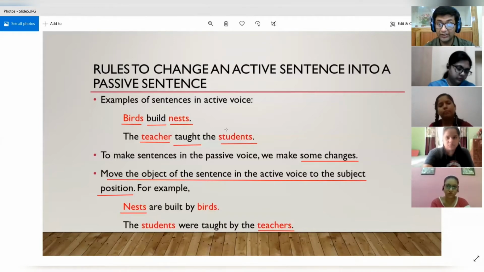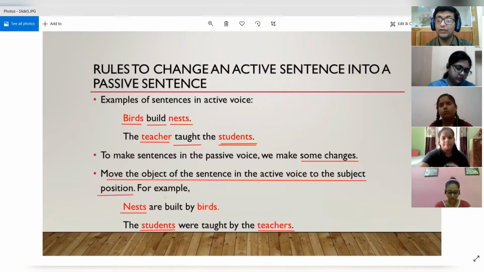And the students that were being acted upon in the active voice have now become the subject in the passive voice. So the students have been placed at the subject's position. So the positions of teacher and students have been exchanged, right? The positions have been reversed in the passive voice.